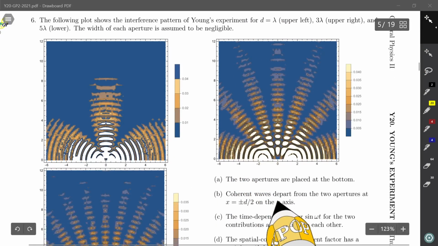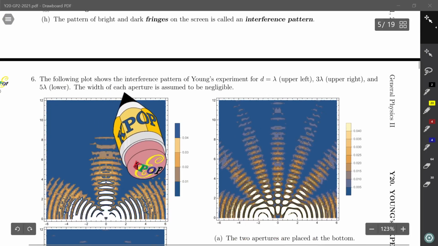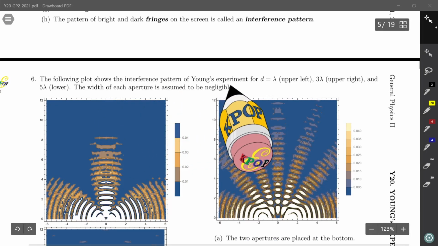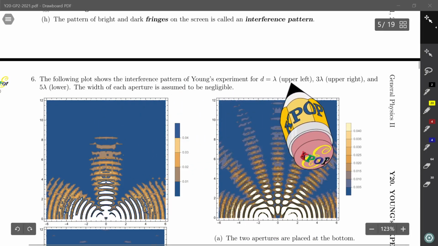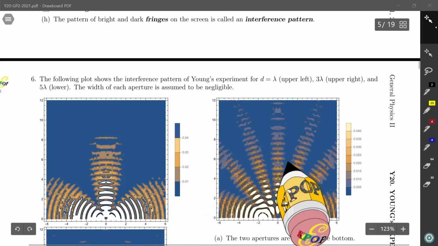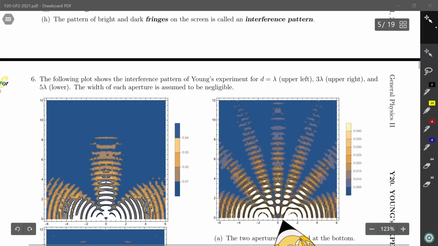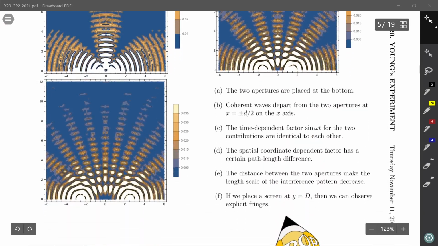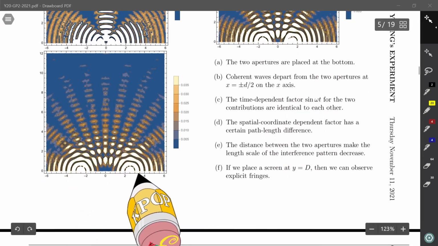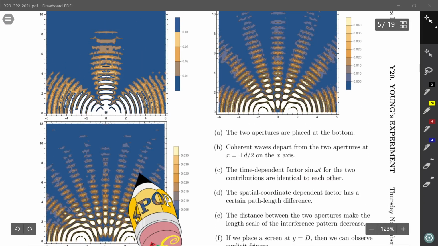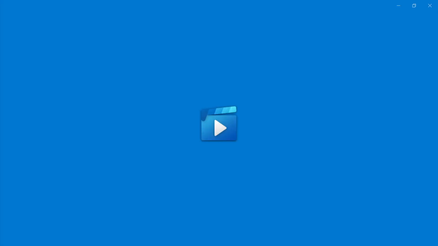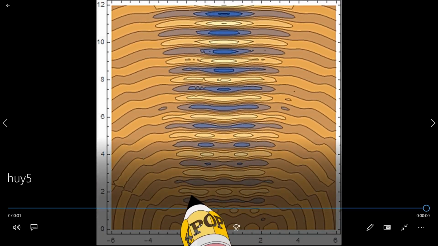The following plot shows the interference pattern of Young's experiment for d equals lambda, d equals 3 lambda, and d equals 5 lambda. Previously, when we considered this, the aperture diameter was 5 lambda.